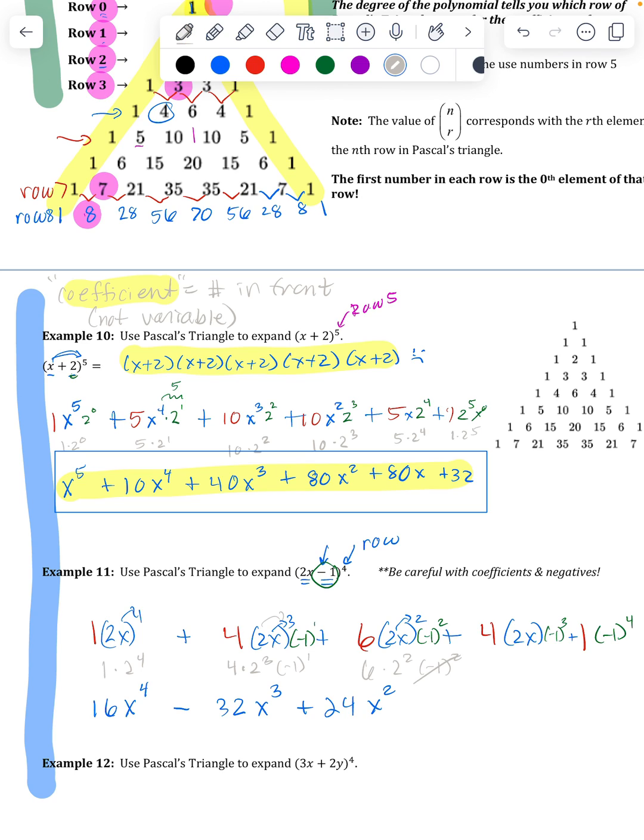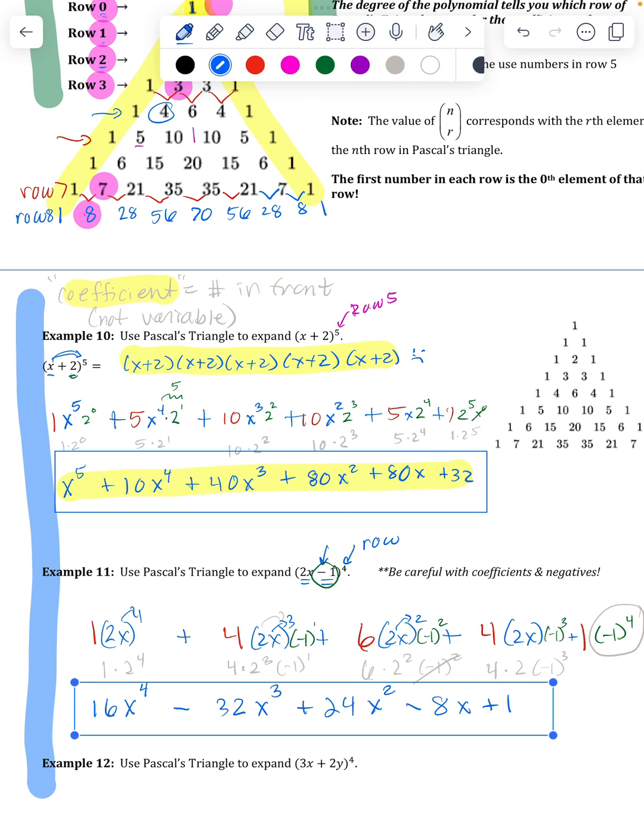But I'm expecting the next one to be negative because I have 4 times 2, and then this -1 is to an odd power, so it stays negative. So the coefficient for that term will be -8, and then the x is plain. And then at the very end, you have that -1 to an even power again, and so it's just going to turn out to be positive 1.